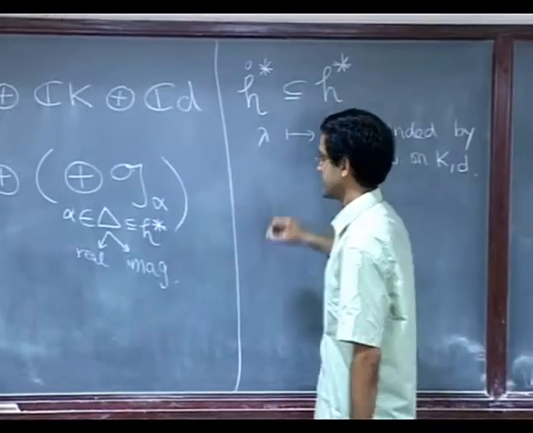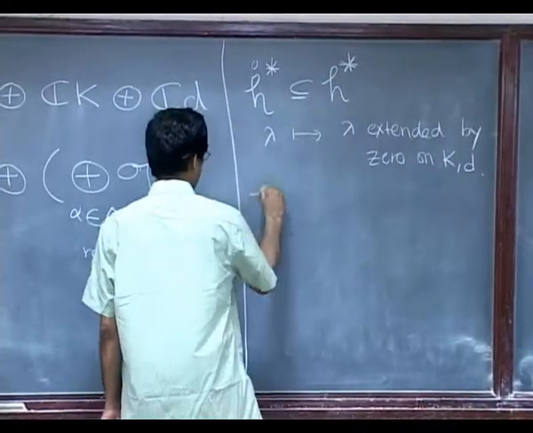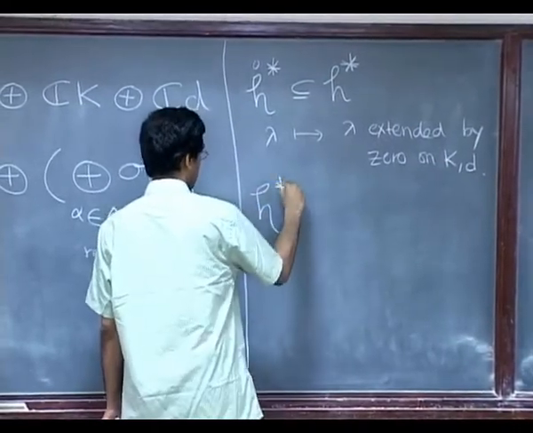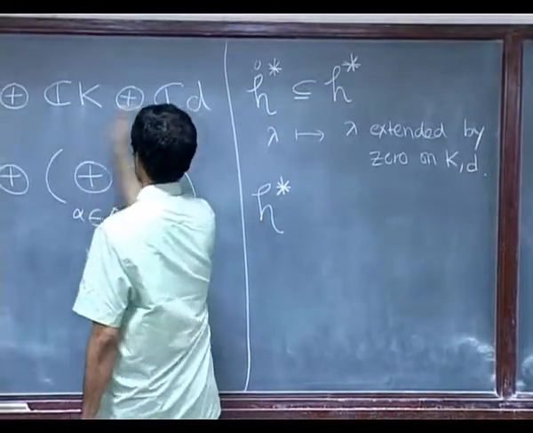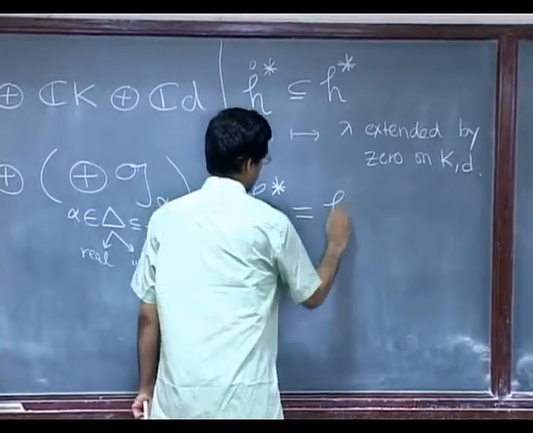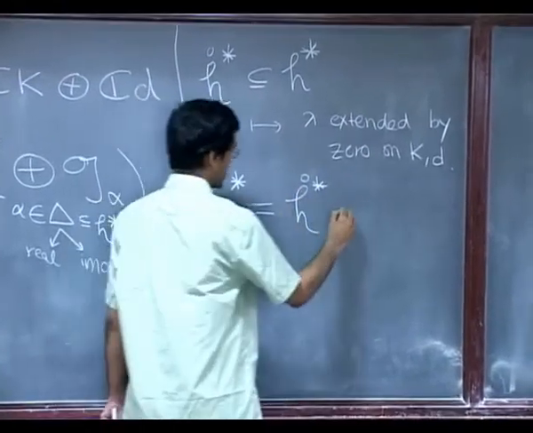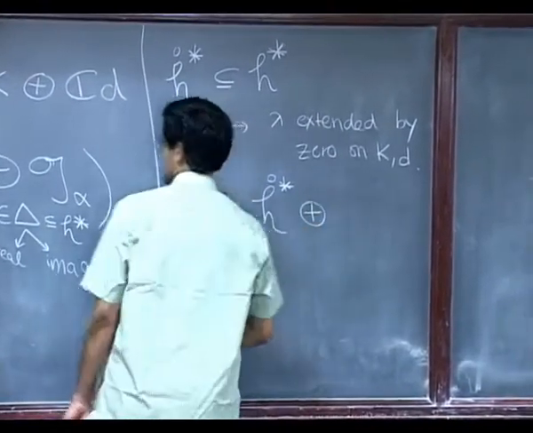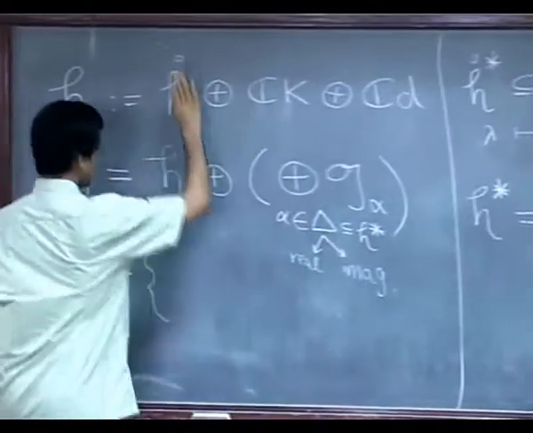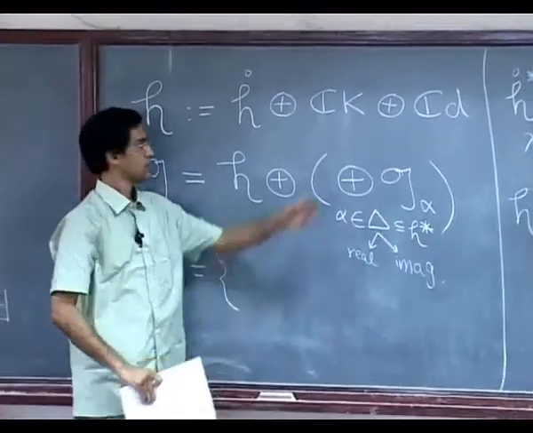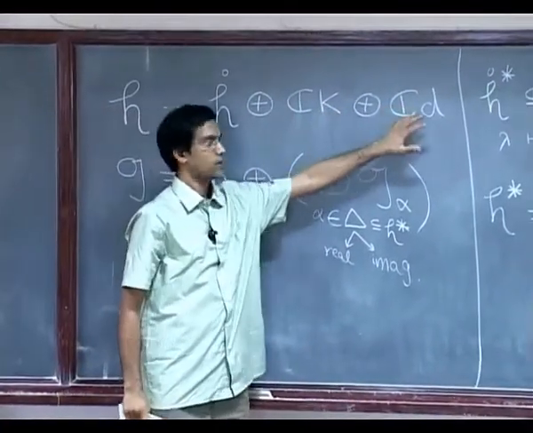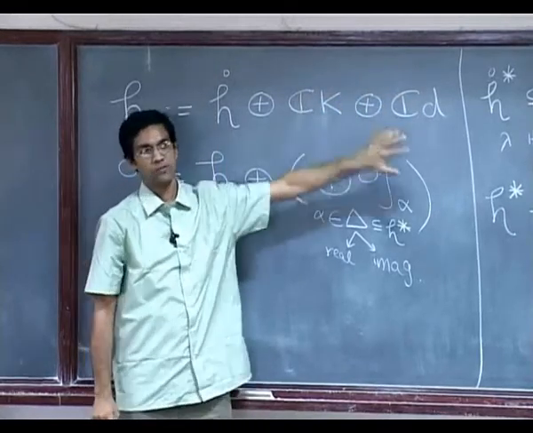Okay, so that was the extension, and we in fact also had a basis for H star which was dual in some sense to this basis. So we think of H0 star, things which come from functionals here, and then elements which are 0 on H0, but 1 on K and 0 on D, or 0 on K and 1 on D.